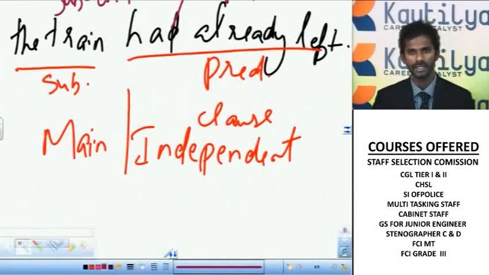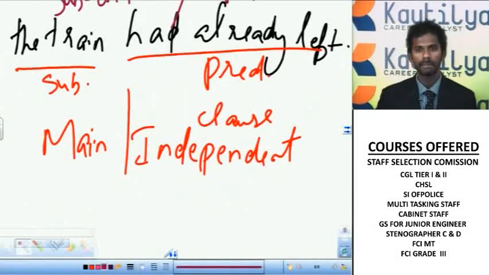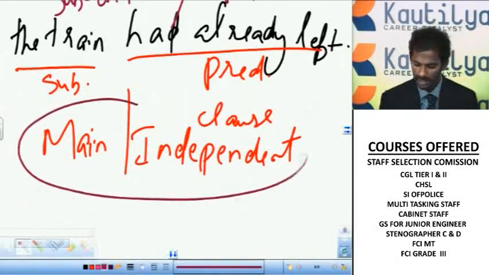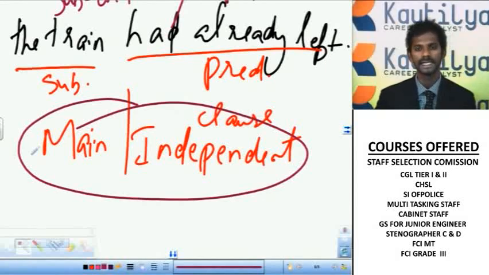Right? So any clause that makes a complete meaning or a complete sense is termed as the main clause or the independent clause.